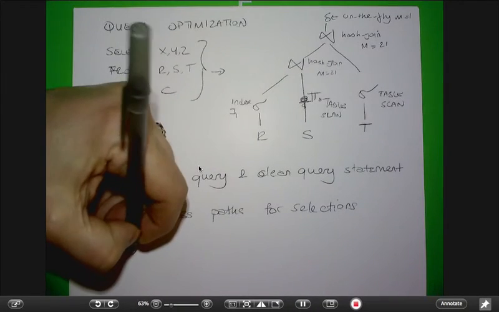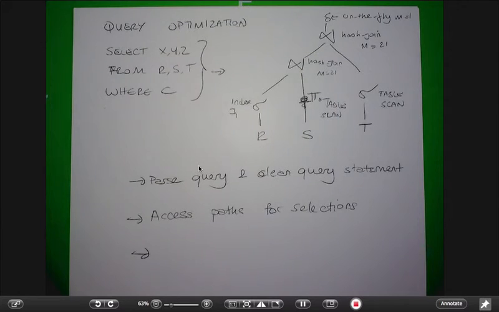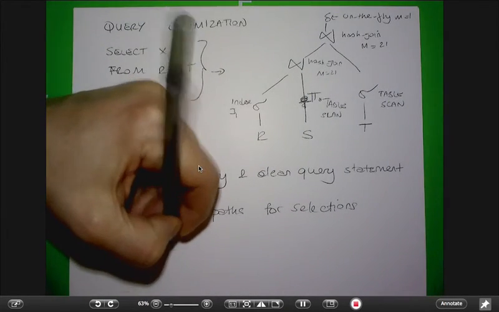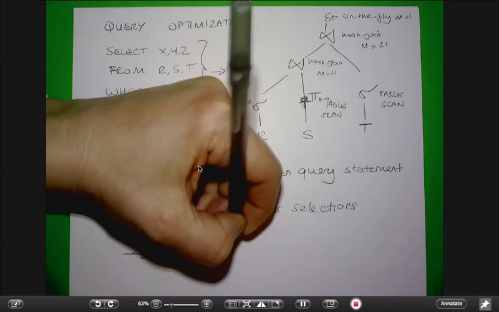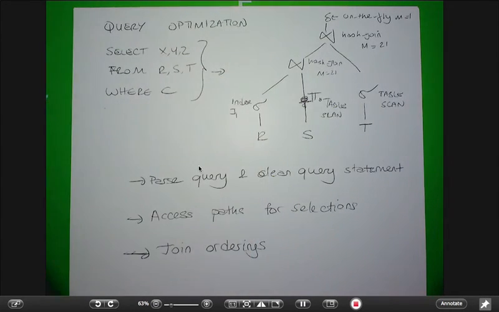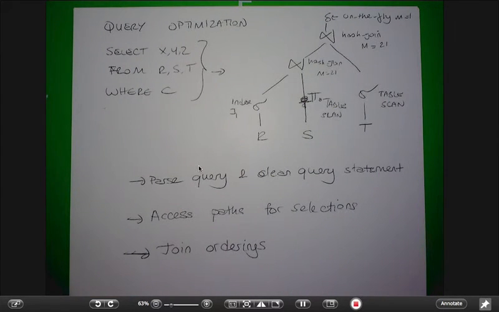Then I'm going to decide how to do my joins. To be able to do my joins, I'm going to think about all different join orderings. Think about generating an exponential number of join orderings, and then figuring out which ones are good.